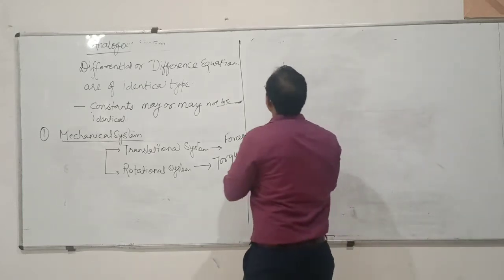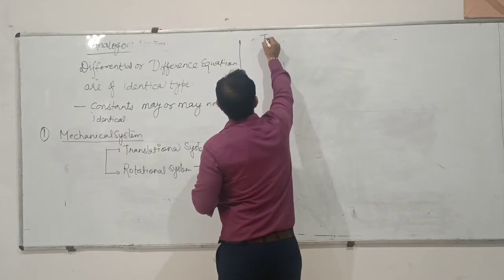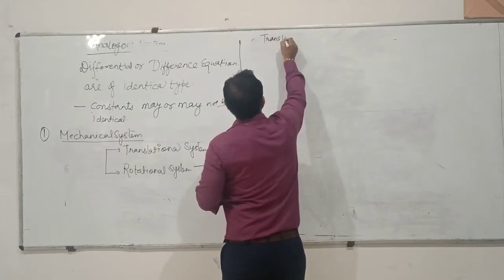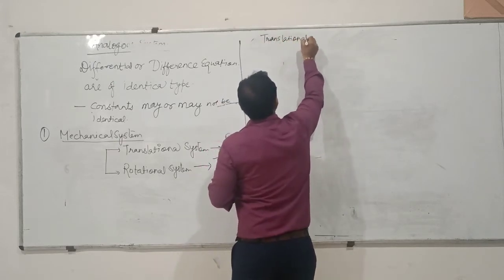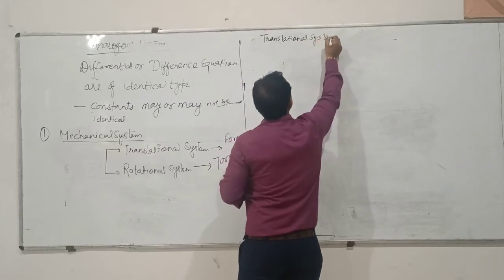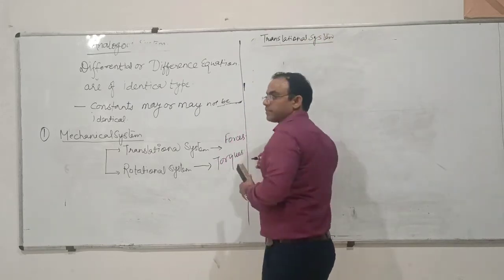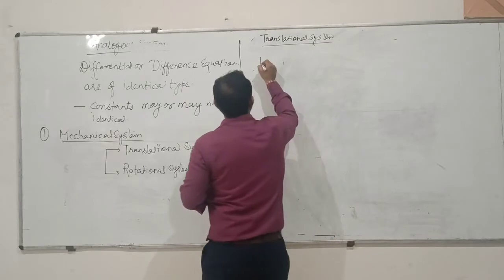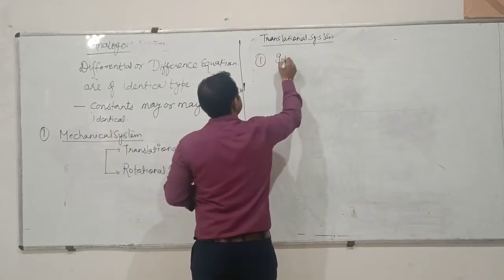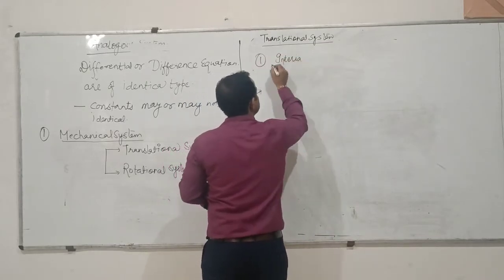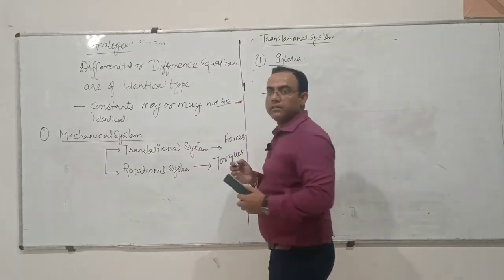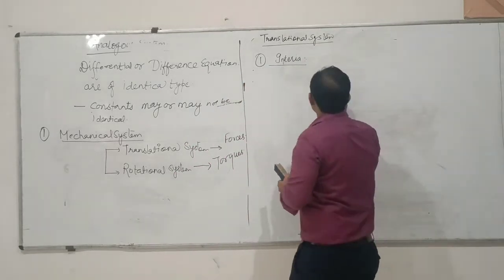In the mechanical system, for the translational system, we basically have three elements. Number one is the inertia element.